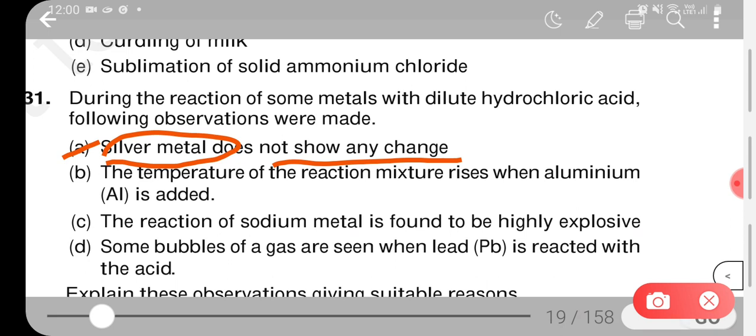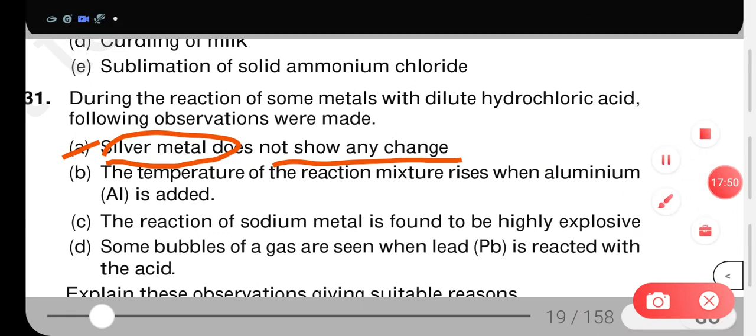Because it is below hydrogen, it is one of the noble metals, hence it does not react with hydrochloric acid. So there is no change. If you put hydrochloric acid on silver, it will not react.